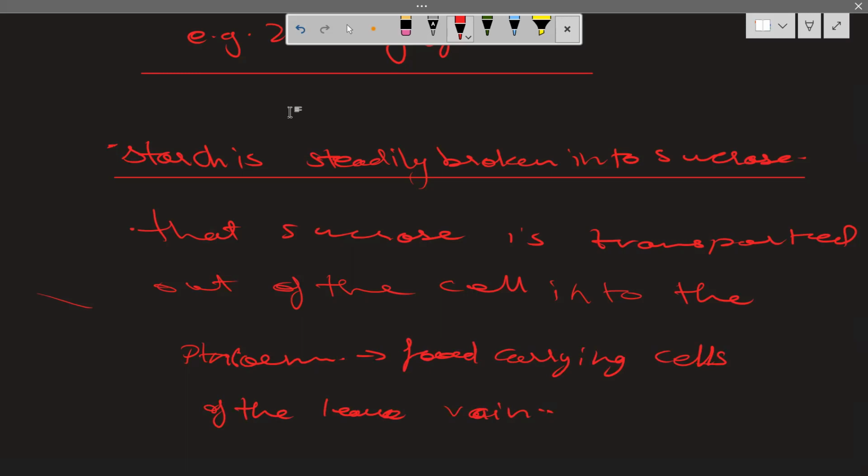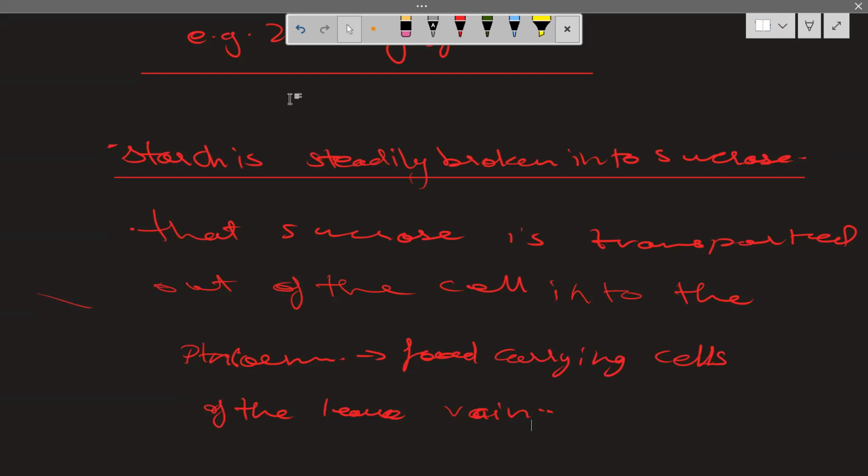You got it? So then these veins will pass the sucrose to all parts of the plant that do not photosynthesize.